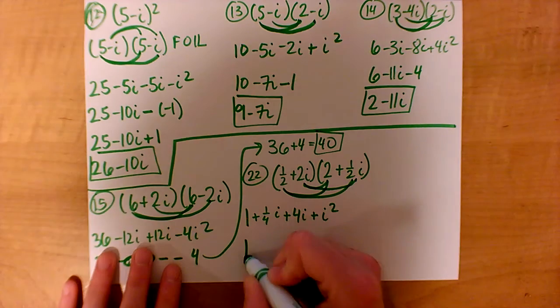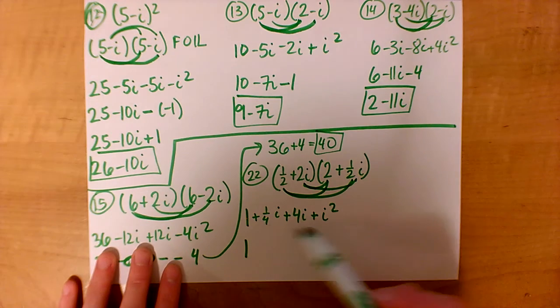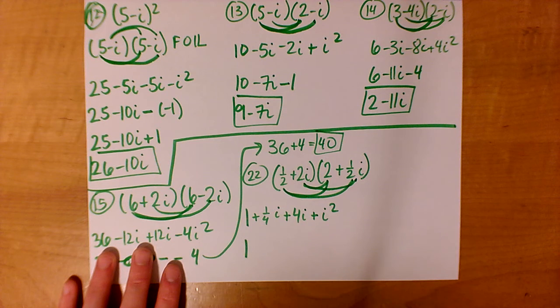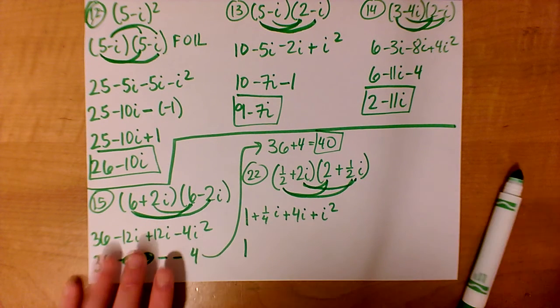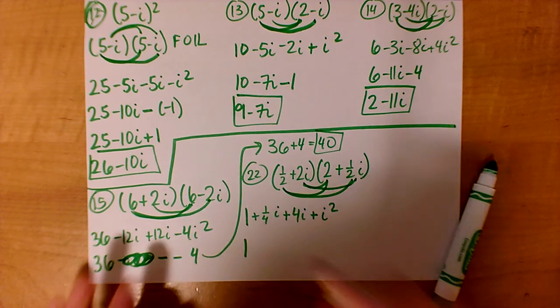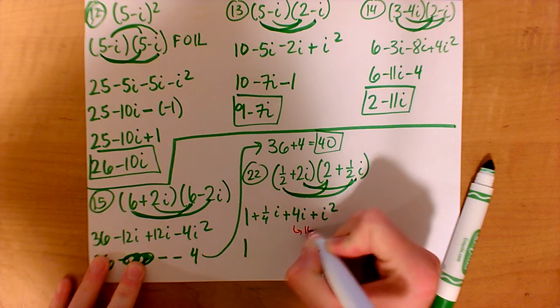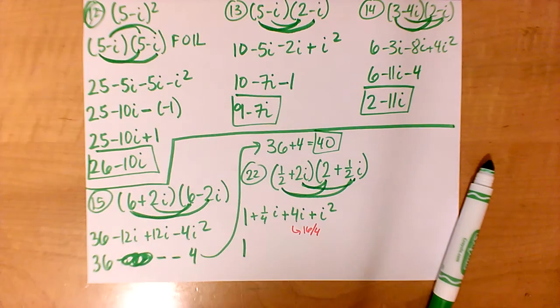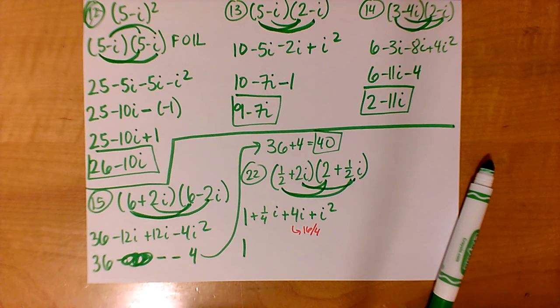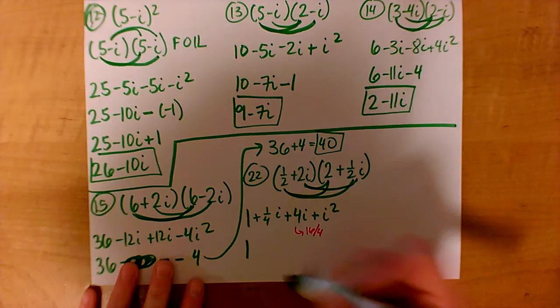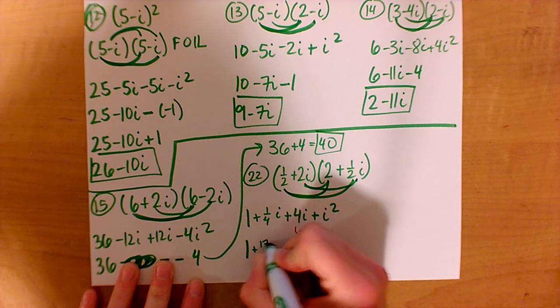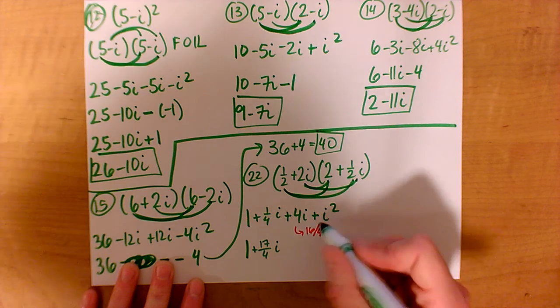So simplifying this, I'm going to have 1, and then 1/4 I plus 4I. Well, 4I is the same thing as 16 over 4 I. So 16 over 4 plus 1/4, that's going to be 17 over 4I.